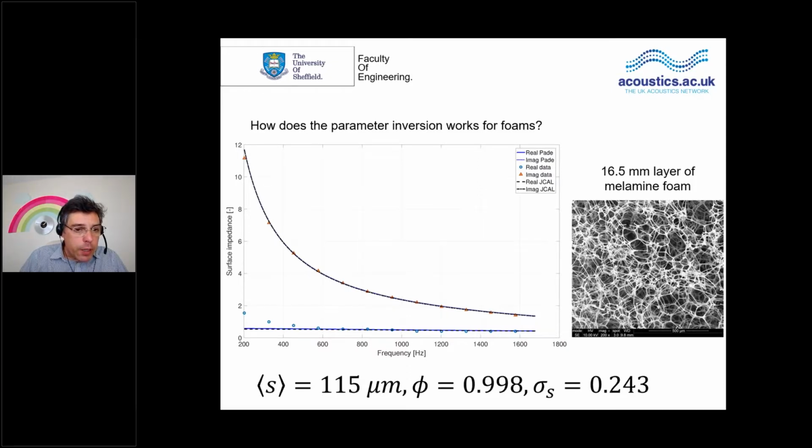Also, Francois Xavier said that the ratio of viscous resistivity to thermal resistivity is a function of pore size standard deviation only. It seems unexpected. Can you comment about it? My view, if you look at our publications in JASA from 2016 and 2019, we show from first principles that for a material which can be described by an analytical pore size distribution, these non-acoustical parameters, thermal resistivity and viscous resistivity, are not independent.